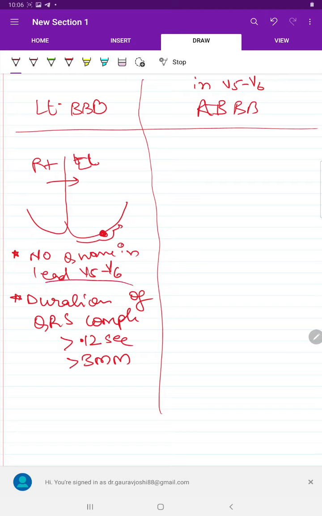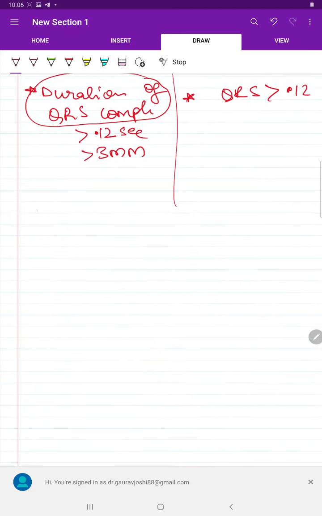The QRS duration is increased in both left and right bundle branch block, more than 0.12 seconds. In this, you will see a deep S wave in lead V1, and in V6 you will see an M pattern.